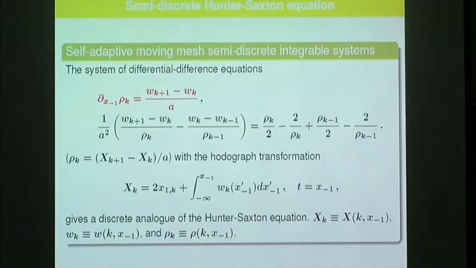Again, the first equation is a discrete conservation law, and the second equation is a semi-discrete analog of the hyperbolic sine-Gordon equation. The first equation gives the evolution equation of the moving mesh, and also the second equation. After you determine the mesh grid, you can solve the second equation.